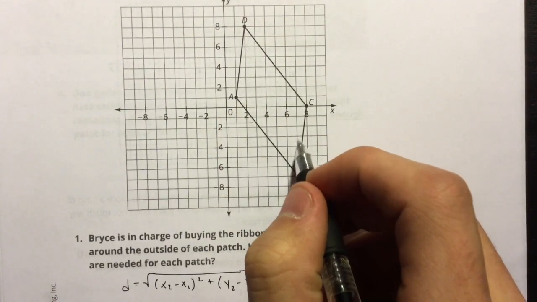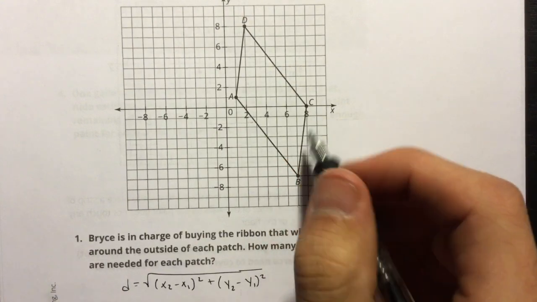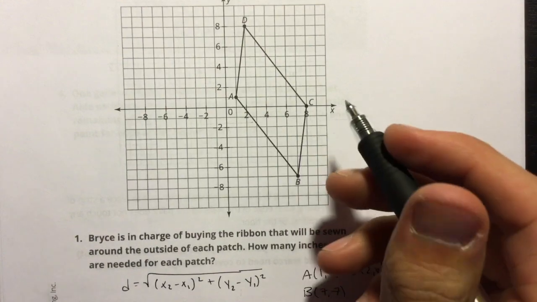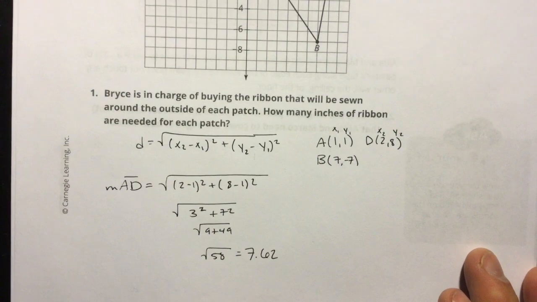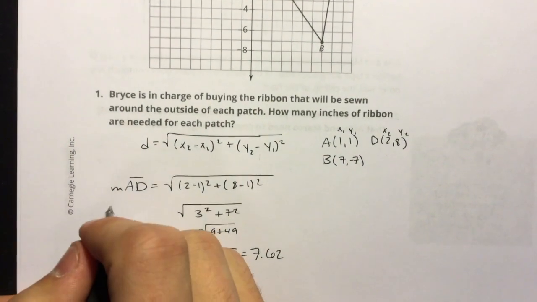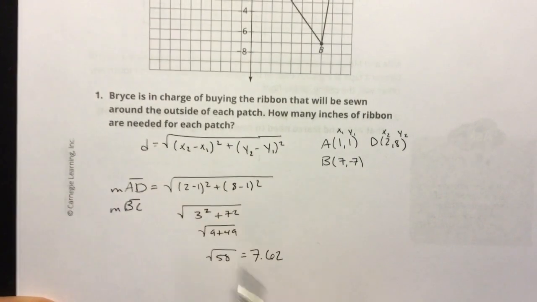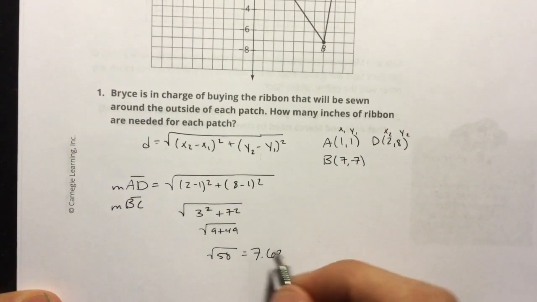BC goes 1, 2, 3, 4, 5, 6, 7 up and 1 over. So they both have the same exact distance that they're traveling. Because of that, for the perimeter I'm going to have 2 sides with this length. I have AD, and I also have the side BC that has this length. So when we calculate our perimeter, we'll use this value twice.